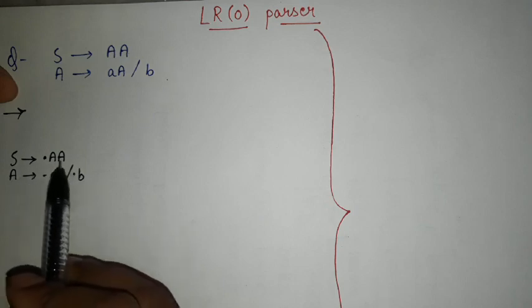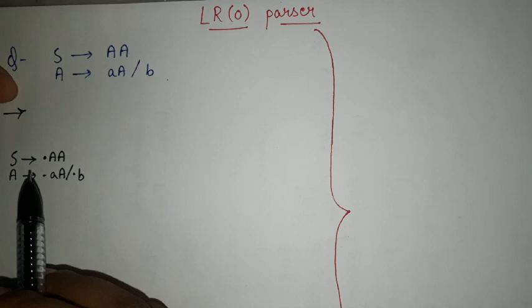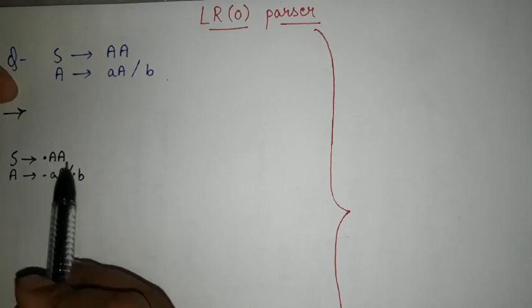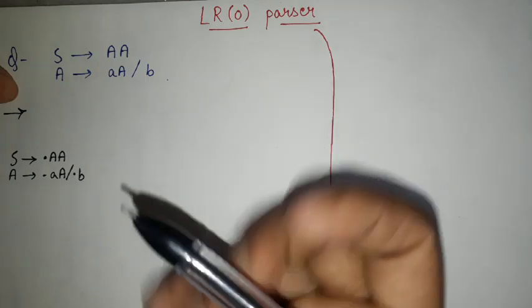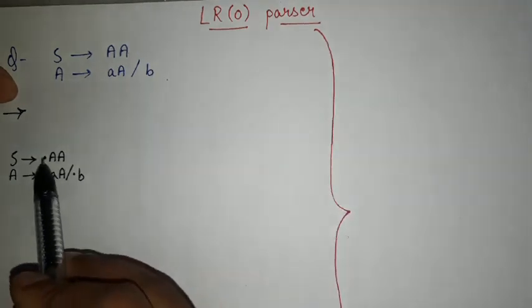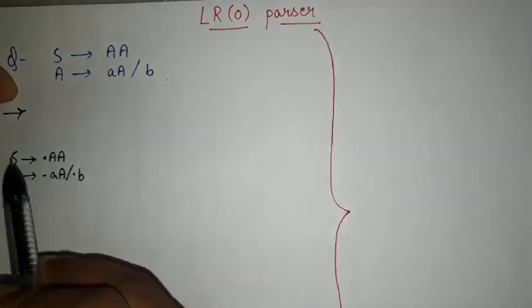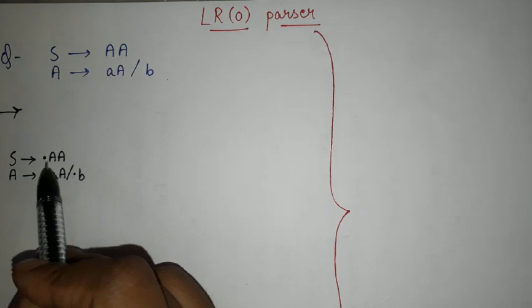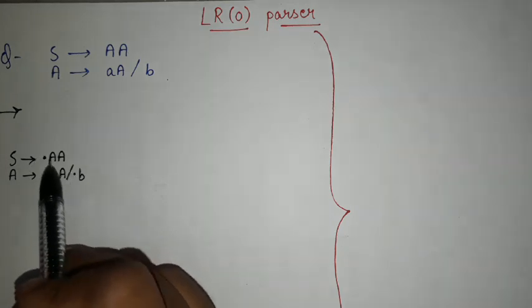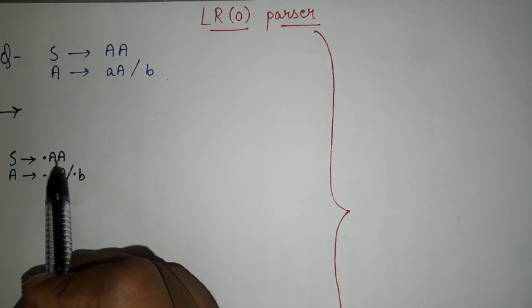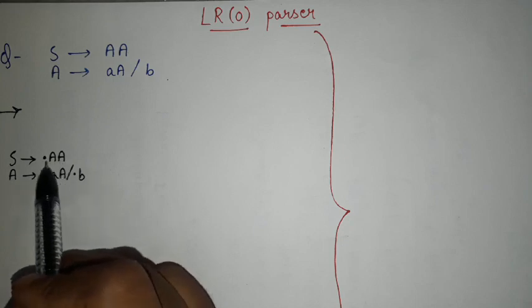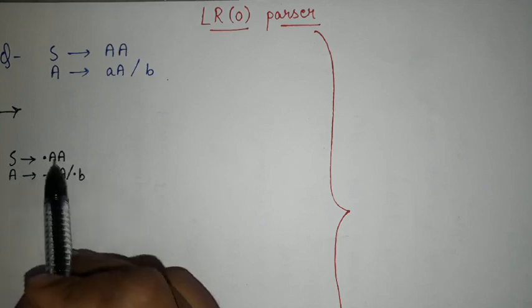S gives dot AA means we are just starting the production and we have not seen anything. As we proceed, my dot will slowly start moving to the right. If I have visited the first capital A, then I will get A dot A. Once my whole string is visited, I will write S gives AA dot.